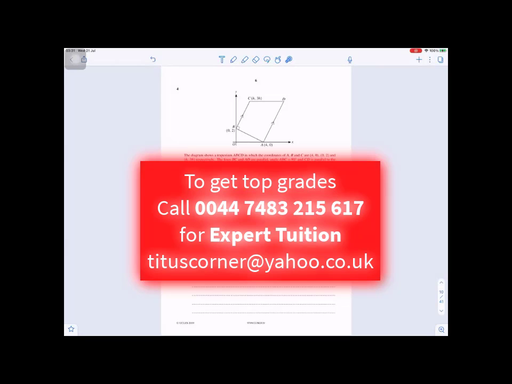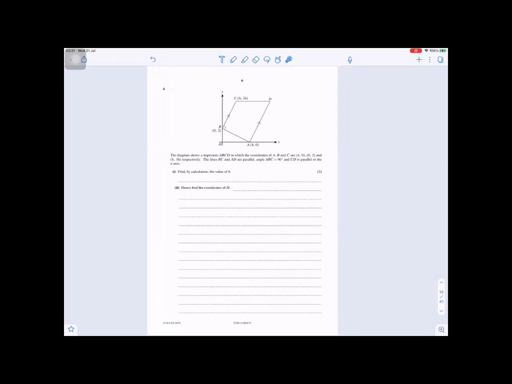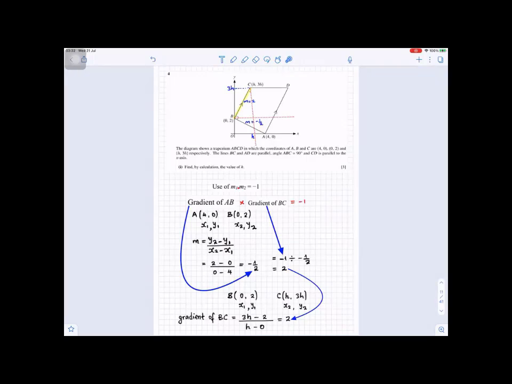Question number 4. The diagram shows a trapezium ABCD in which the coordinates of A, B, and C are (4, 0), (0, 2), and (h, 3h) respectively.